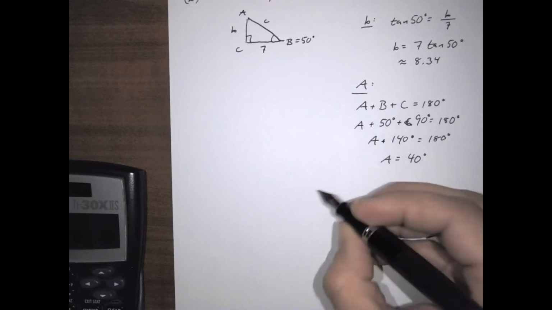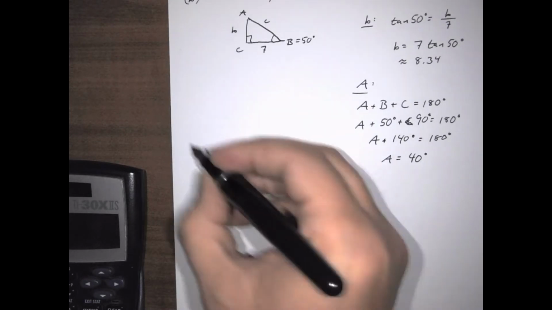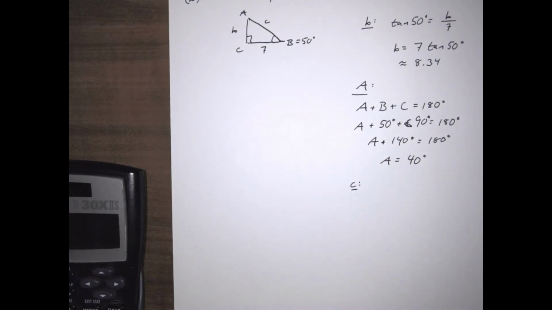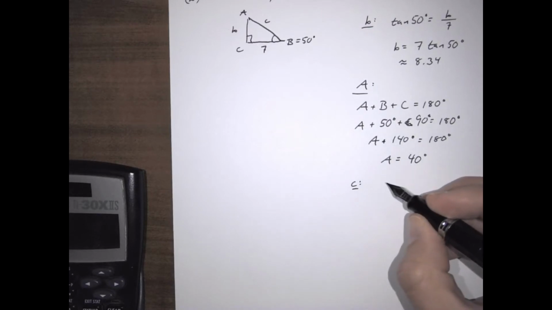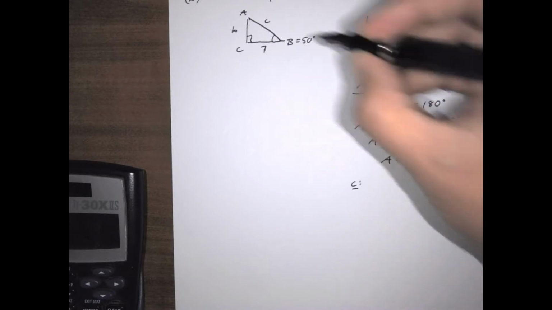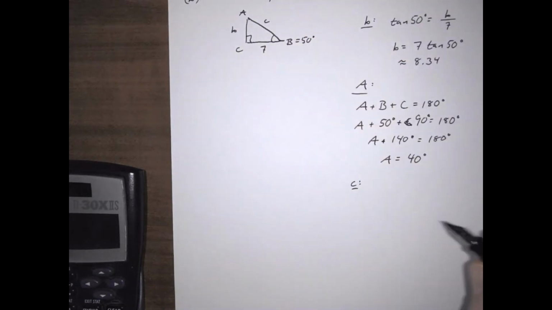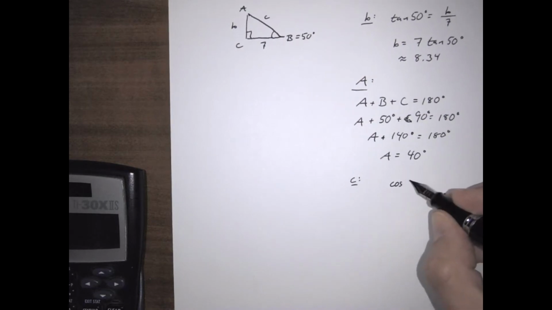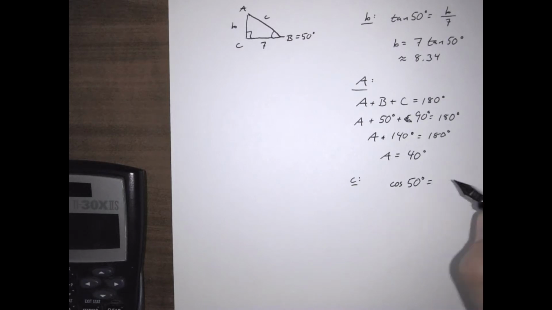I'm still missing the little side c. For c, I could use the Pythagorean theorem at this point, but I would prefer not to use something that's going to involve having to round any of the ingredients. So once again, I'll just find the trig function that relates them. In particular, c is the hypotenuse, and I have the adjacent side, and so that would be cosine. So that's going to be 7 over the mystery c.